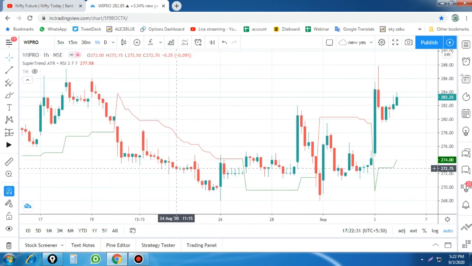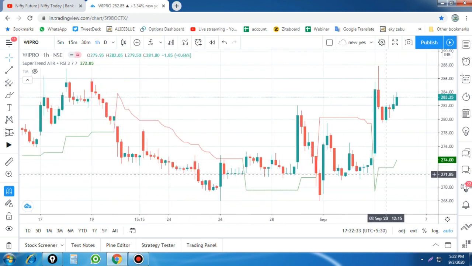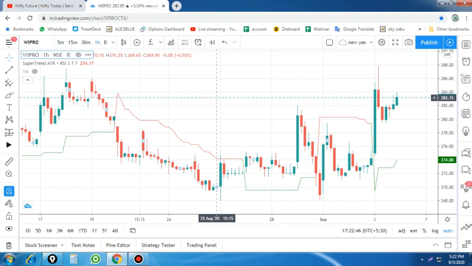Whenever the stop loss increases, we can try to trade. Here you see that when the buy was initially given, the next candle increased. When we take entry at 281, it is now ending at 283, but it is a big stop loss because we are doing it on a positional basis, and if the risk suits you, you can do it.